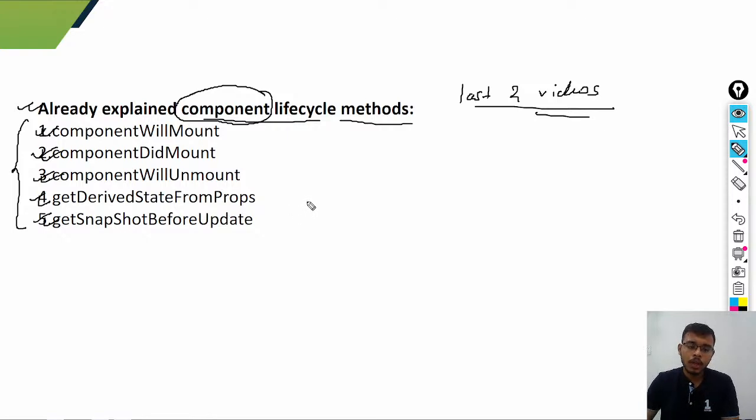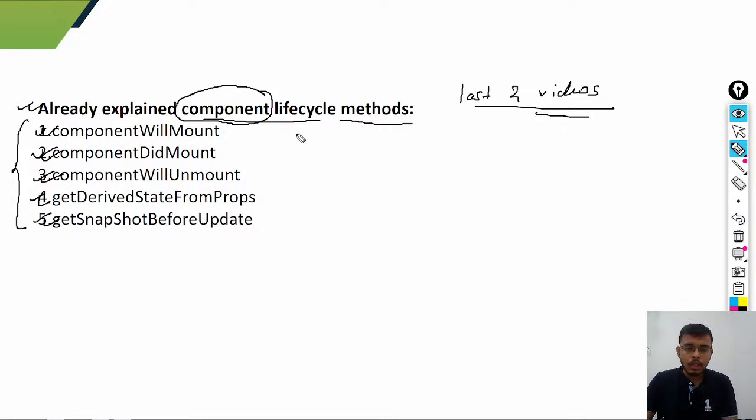We have also implemented all of them. It would be better if you go through those 2 videos to understand how each of them works. Along with that, in the last 2 videos, I have also done hands-on implementation of all these 5 lifecycle methods.